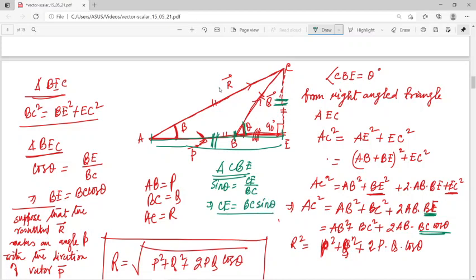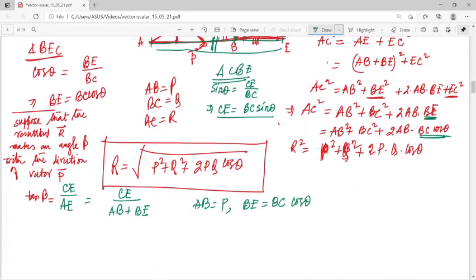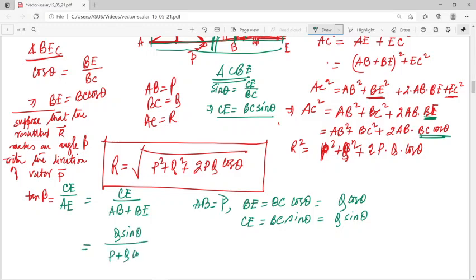BC is nothing but Q. So BE is Q cos theta and CE is Q sine theta. Now if you put these values, tan beta is Q sine theta divided by P plus Q cos theta.